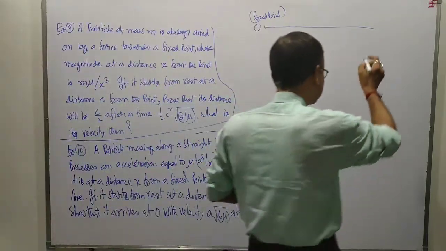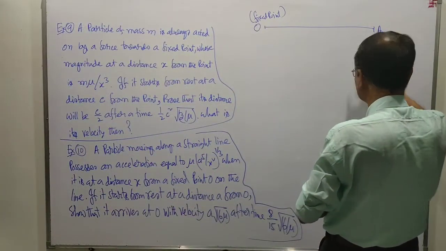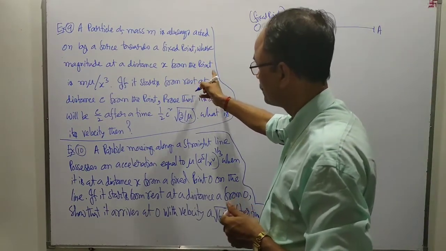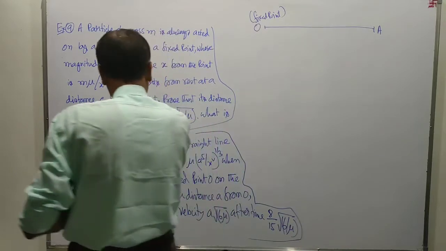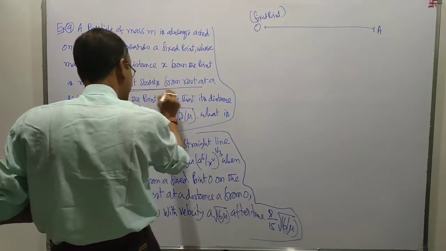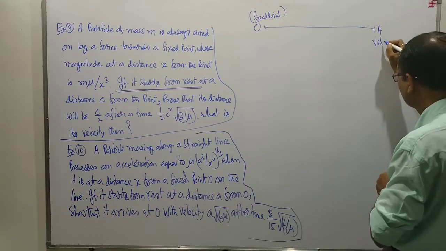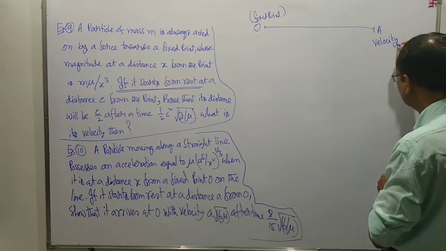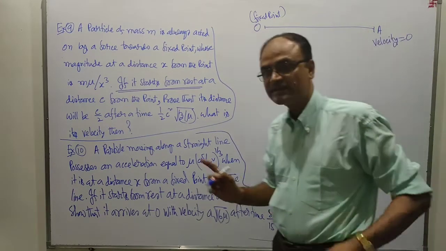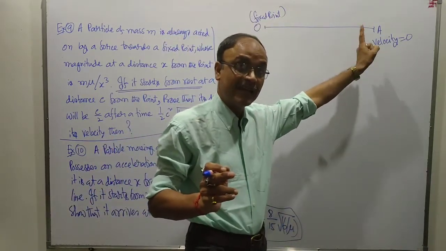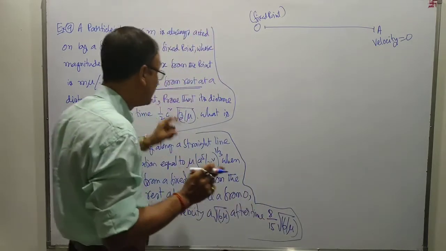And suppose A is the starting point of the particle. It starts from rest. Starts from rest means velocity of the particle equal to 0. This means the velocity of the particle at A equal to 0.